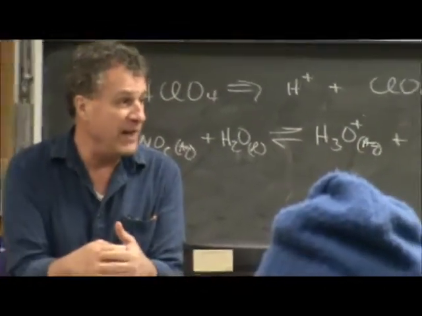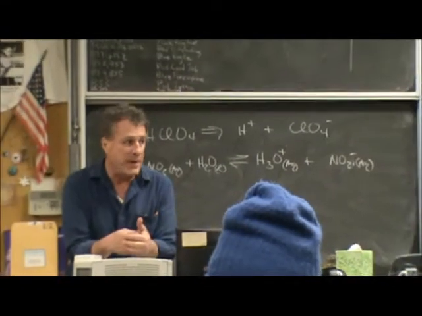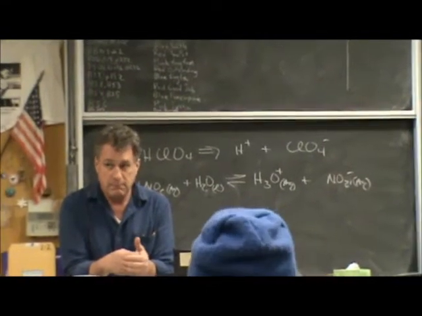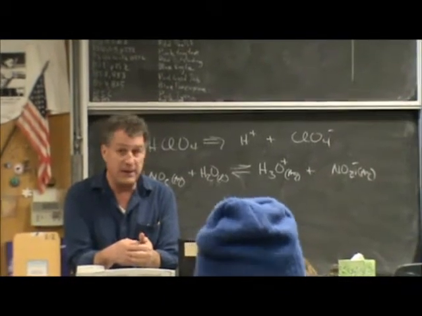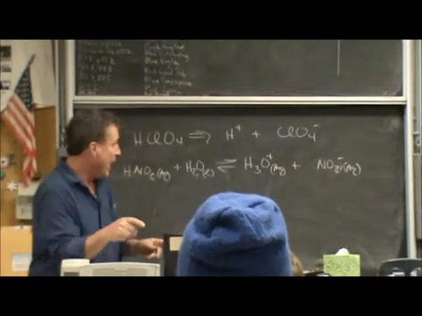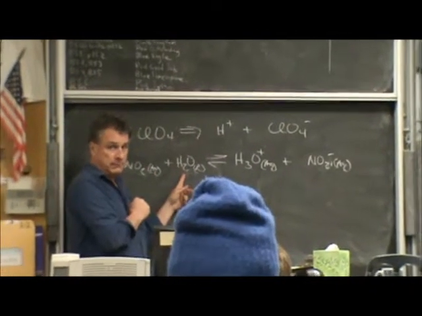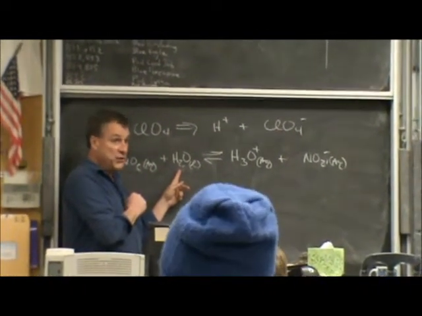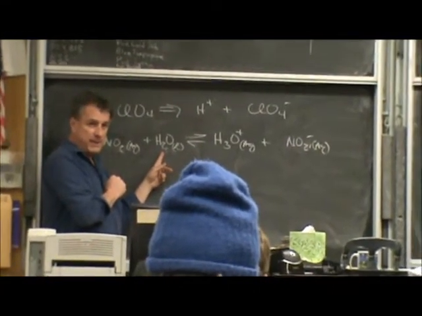The conjugate base of HNO2. That's the strongest base. The weakest base would be the top right, the perchlorate ion, ClO4 minus. So, acting as a base, what's stronger, water or nitrite ion? The nitrite ion is stronger, isn't it? It's closer to the bottom, acting as a base, right?